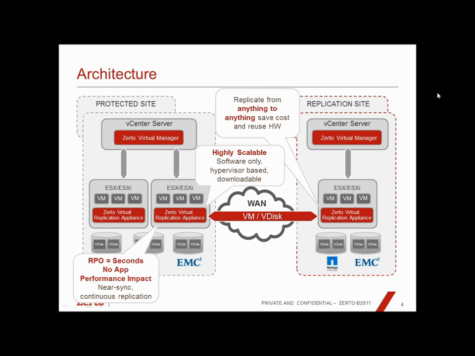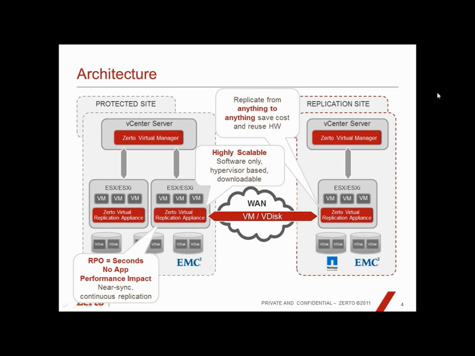But one of our key differentiators and key architectural points is that we are continuously replicating the write I/O that's initiated by the protected VMs or protected application. This is very different from other solutions that may replicate data only after a certain amount of time has passed, whether that may be 30 seconds, 2 minutes, 5 minutes, what have you.